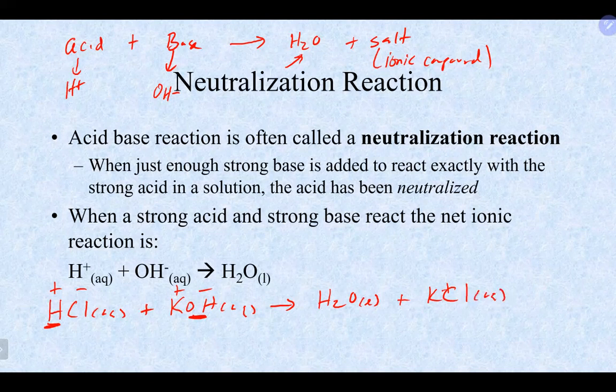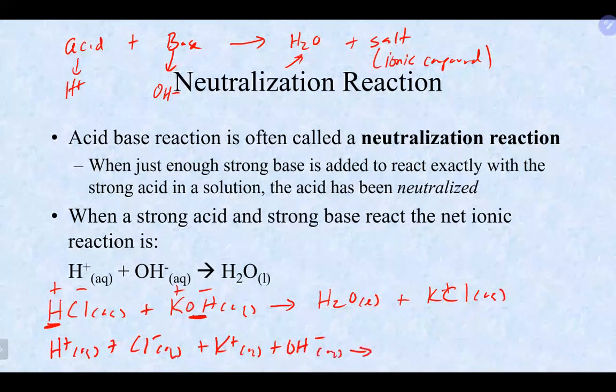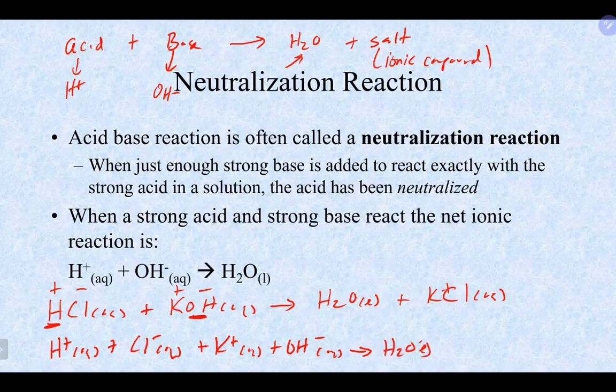If we wrote the complete ionic equation, H plus, Cl minus, a strong electrolyte, plus K plus and OH minus. Remember that we keep water, anything that's a liquid, solid, or gas, or a weak electrolyte, together. And we would break apart our potassium and our chloride here.